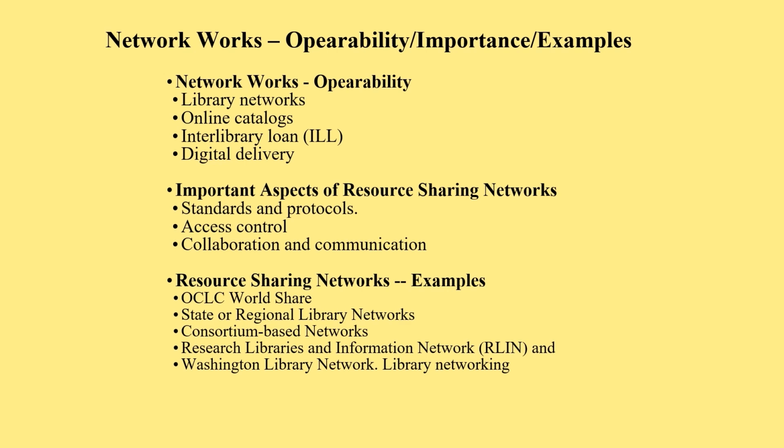Examples of resource sharing are Online Computer Library Center, OCLC, as we already said, Research Libraries Information Network, RLIN, and the Washington Library Network. These are based on the major areas of technology, namely creation of bibliographic databases in machine-readable format and storage, and telecommunication medium and transmission.